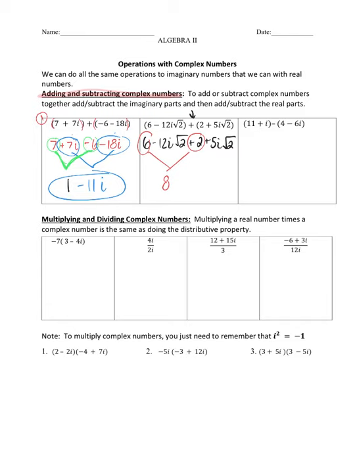Now, any term that has an i in it becomes like terms. So these two terms, negative 12i square root of 2 and 5i square root of 2, because they have the same radicals, we can combine them, right? They're both the square root of 2.